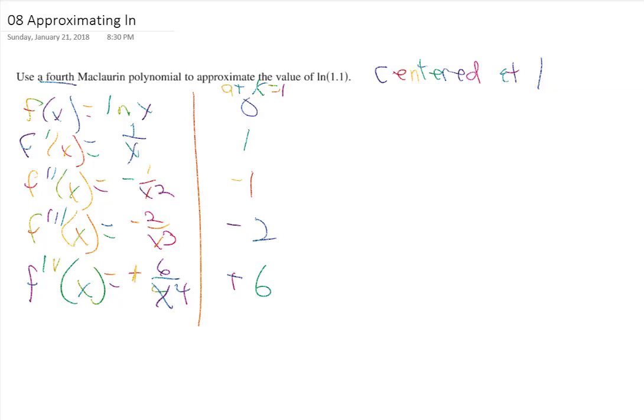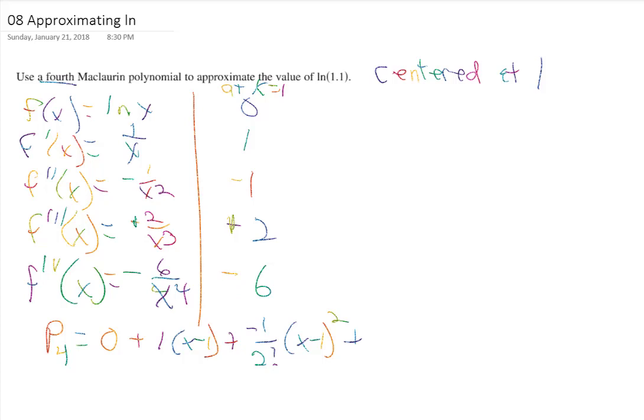So then our polynomial of degree 4 is going to be the function value at 1 plus the first derivative times x minus 1 plus the second derivative over 2 factorial times x minus 1 squared plus the third derivative, which actually I had messed up right here, hadn't I? That should be a positive, and this should go back to being a negative.